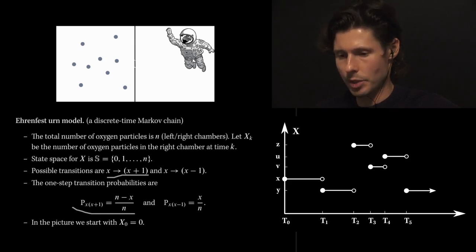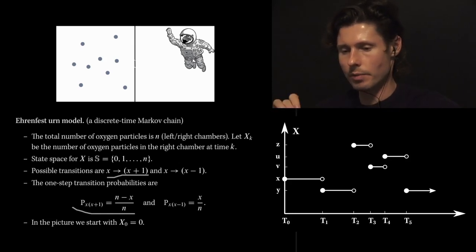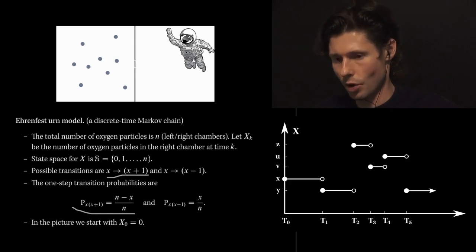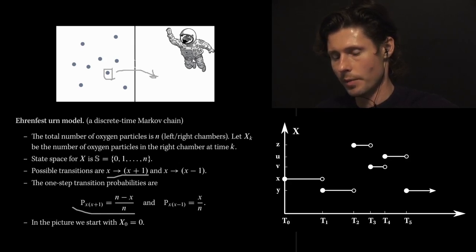The dynamics work as follows: we pick a particle at random and move it to the other side. To gain a particle, we have to pick a particle on the left and move it over here. This happens with the probability of selecting a particle on the left. The number on the left was n minus x, and therefore you get this transition probability.